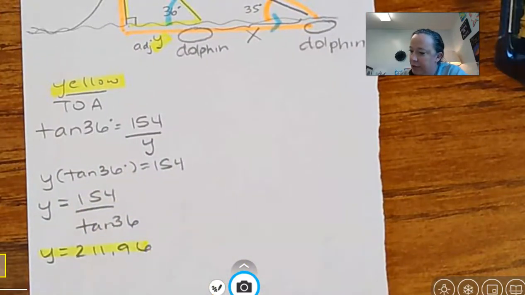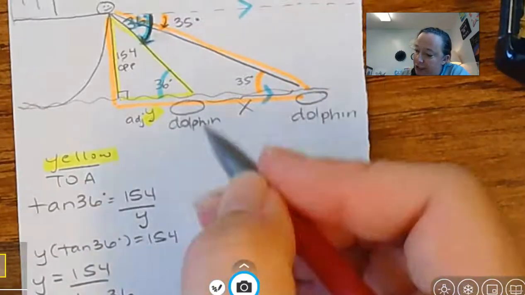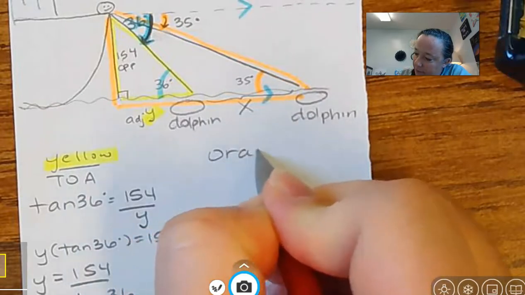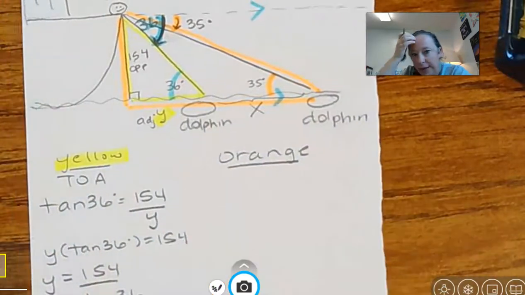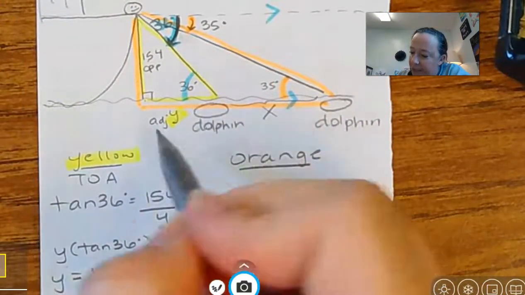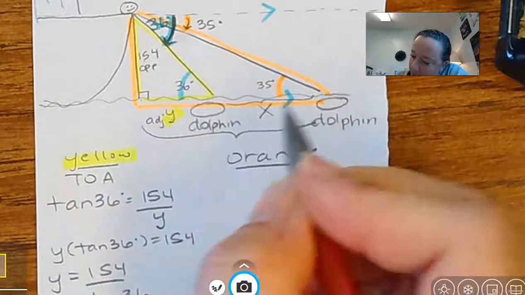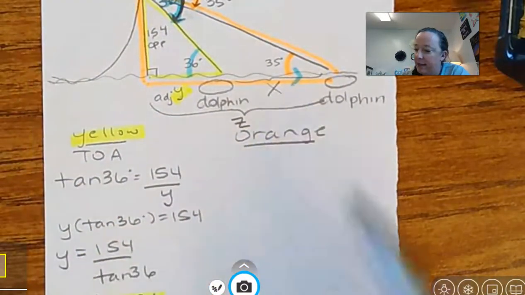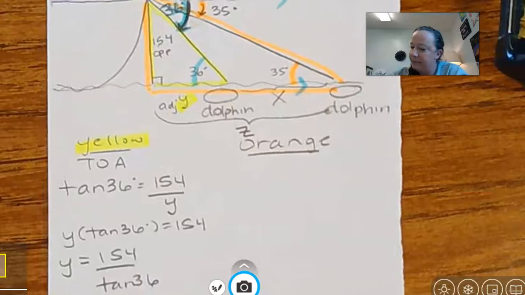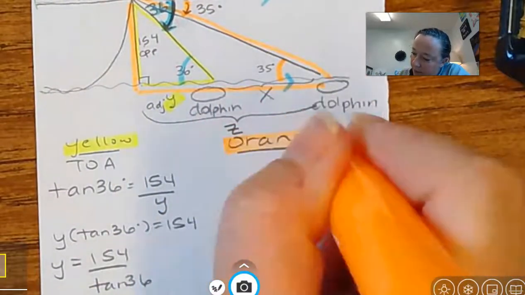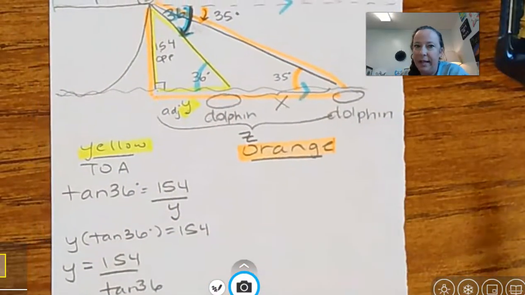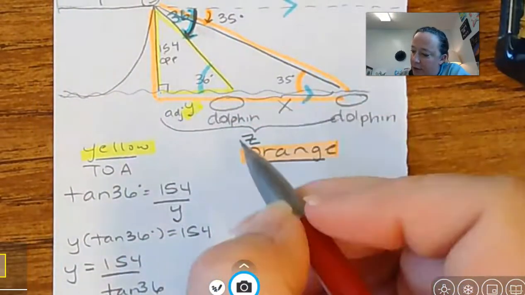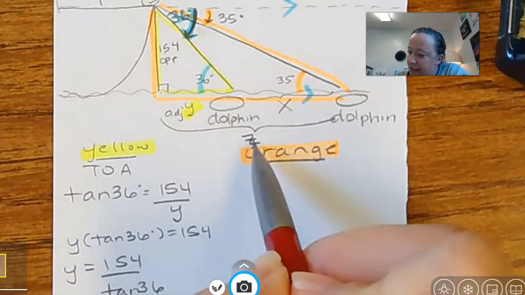Now I'm going to do the large orange distance. That long distance, which is y plus x, but just for ease, I'm going to call that long distance z, because I already had an x here. So the setup, looking at just the orange triangle, again, we're trying to find z.